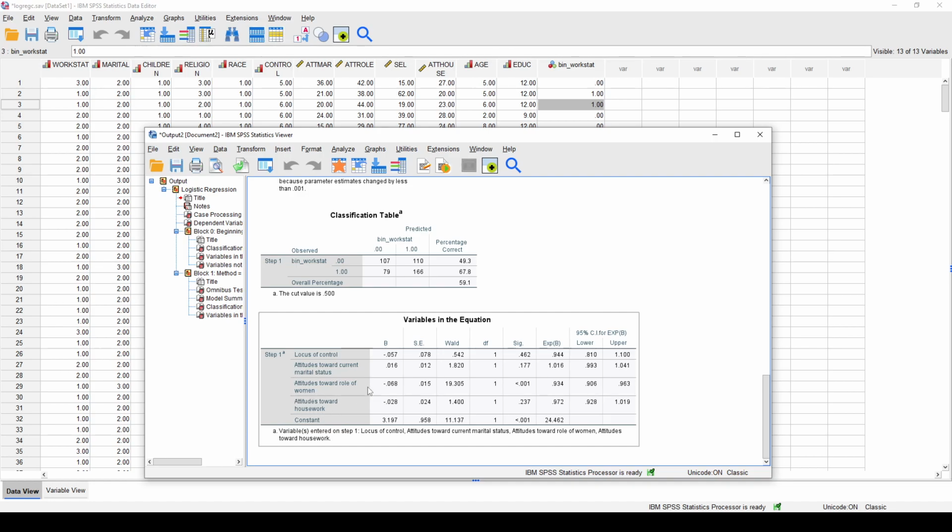Attitudes towards role of women is related, and this makes sense to me. And again, in the context of the problem, it practically means this kind of makes sense. This is an understandable mechanism for how this could affect the probability of a woman being employed. I think the employment status is more than 20 hours.